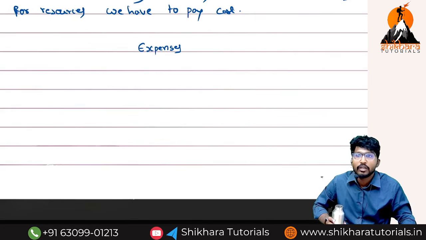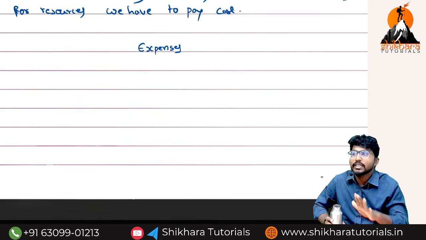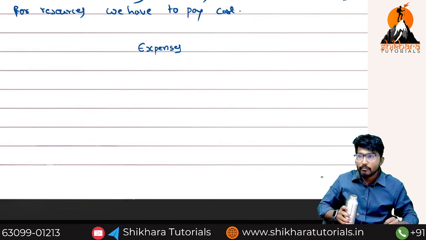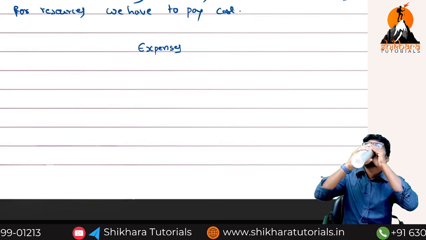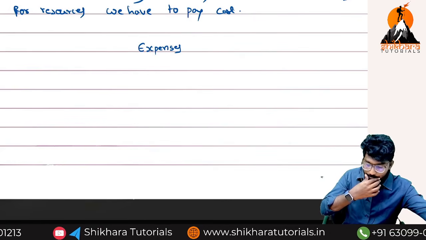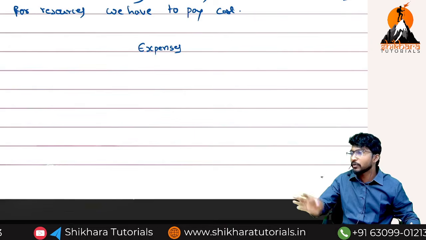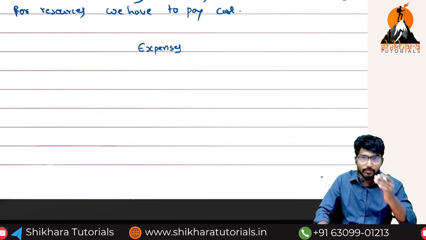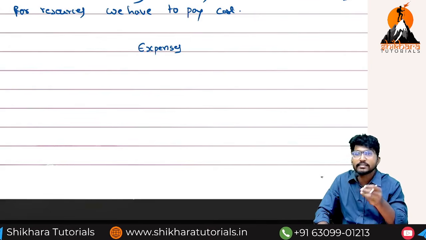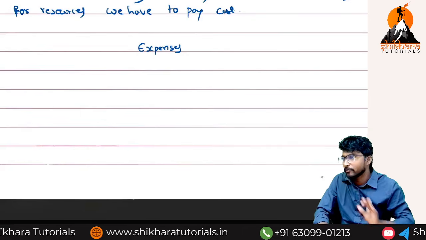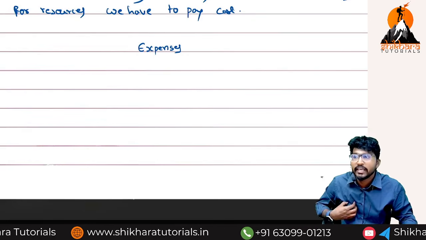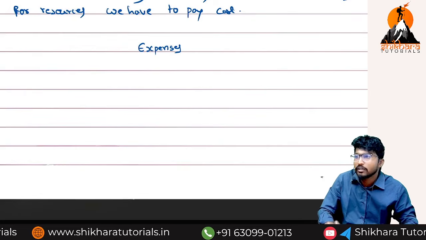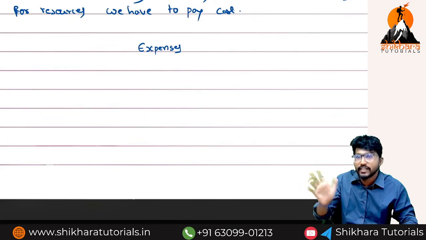For example, take customer order processing. That means a customer will come and order something, and you have to process the order. Like I am working in a KFC. One customer came to me and asked for French fries.